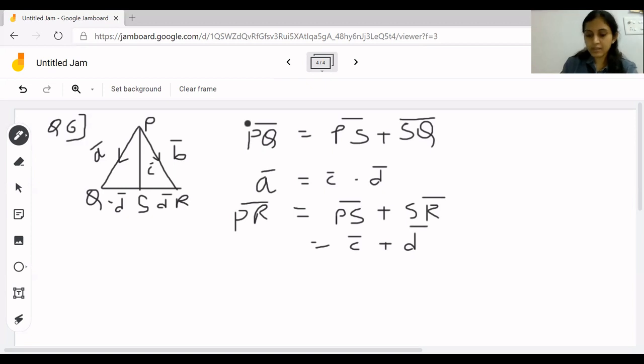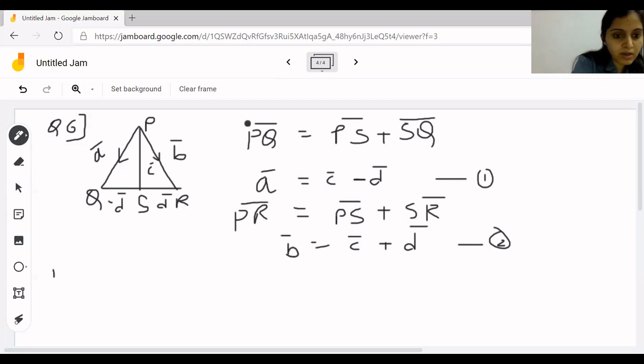Now adding equations 1 and 2, we get A bar plus B bar is equal to C bar minus D bar plus C bar plus D bar.